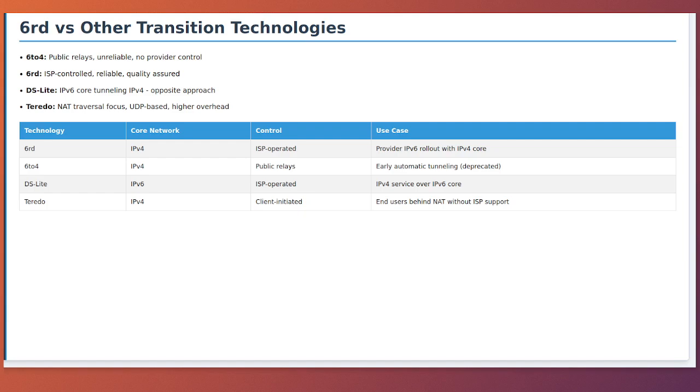First, consider 6to4, which was one of the earlier automatic tunneling mechanisms defined in RFC 3056. Both 6to4 and 6RD use IPv4 Protocol 41 encapsulation and derive IPv6 prefixes from IPv4 addresses.